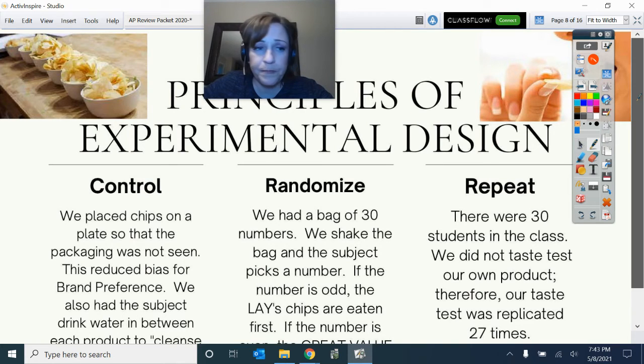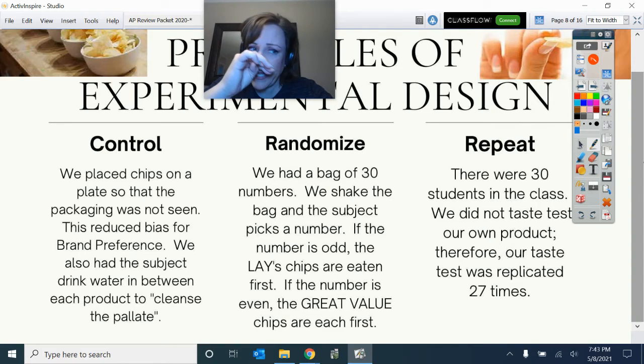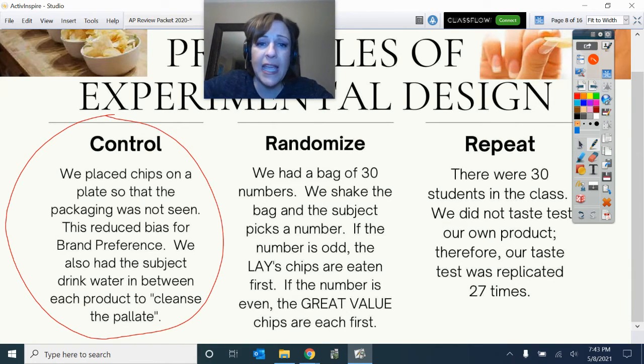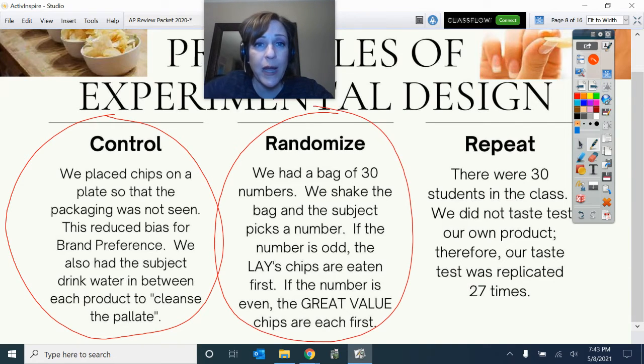The control is what we had done: we placed these chips on a plate and so on, and you can read that. Here is how we chose to randomize when the people came up to our testing station, so that it wasn't everybody starting with the same one. And then here is how the repetition was done.